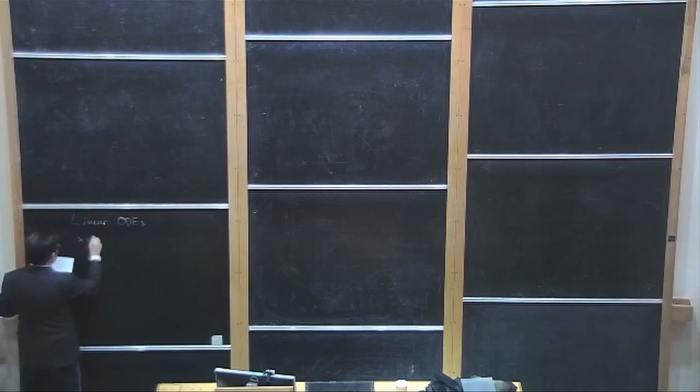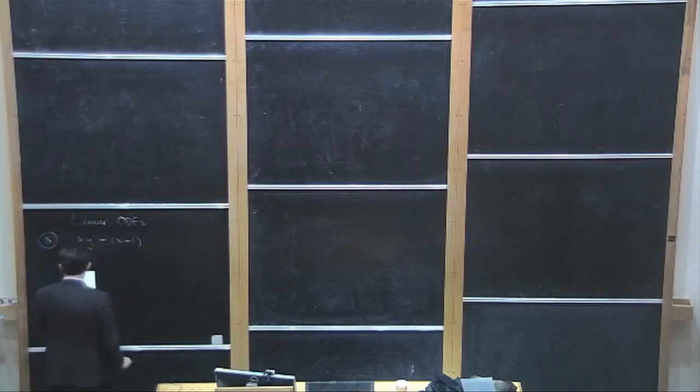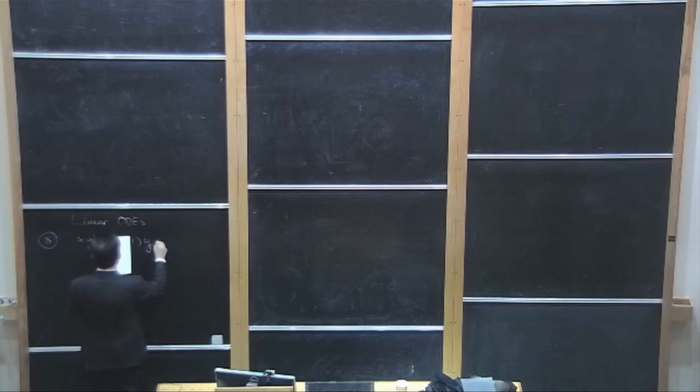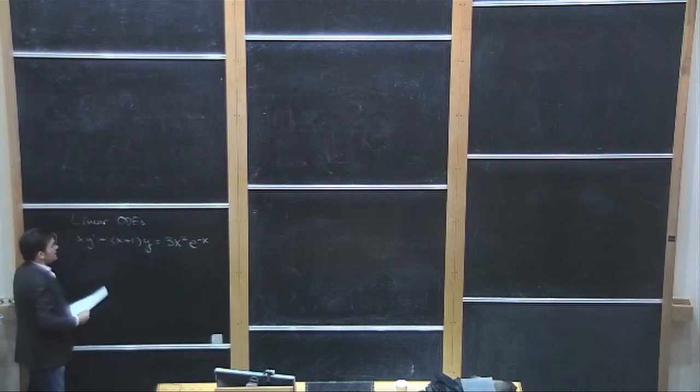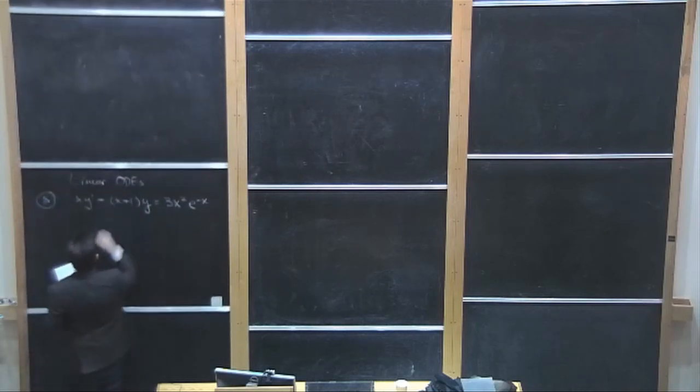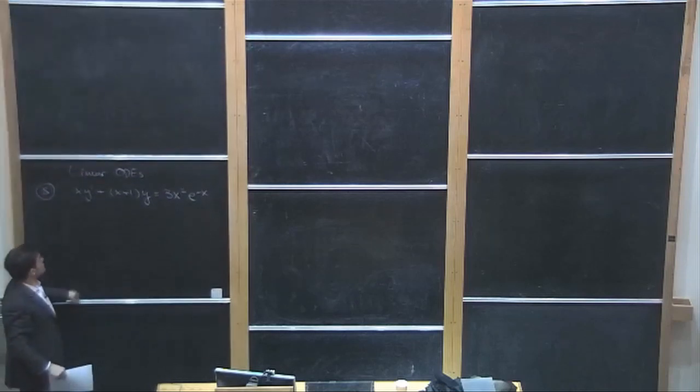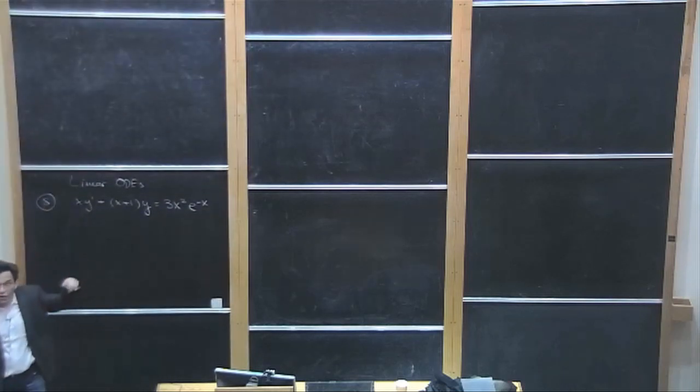So x y prime, let's consider the following equation: x y prime plus (x plus 1) times y equals 3x squared e to the minus x. So the equation is linear because the function y, for which it is an equation, enters linearly, right?